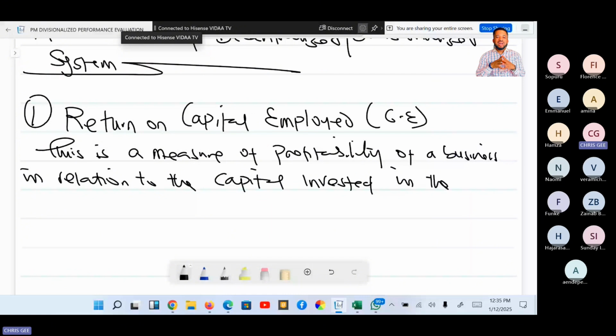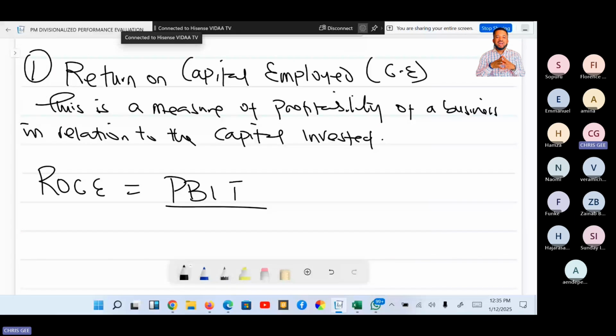And ROCE equals profit before interest and tax divided by capital employed, multiplied by 100 over 1.